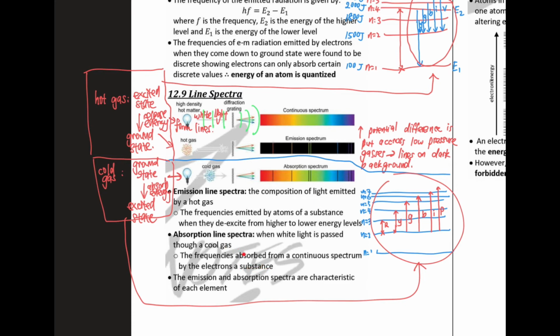Which means the electron absorbs certain frequencies, and that's why certain frequencies are missing there. Then the emission and absorption spectra are characteristics of each element. So they are trying to say that for different elements, the absorption spectrum and the emission spectrum are different. This is just for one particular kind of gas. Of course different elements will be different gases.